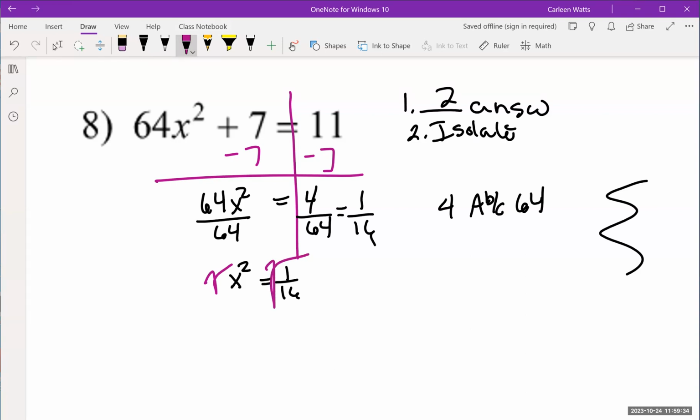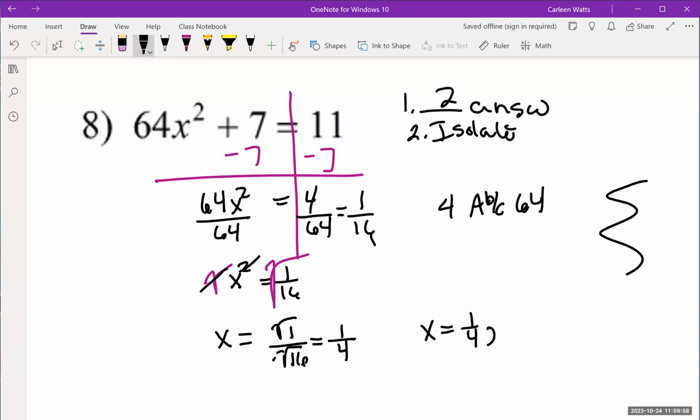Yeah. Okay, so I have x squared. X cancels, right? So I'm going to split it. Square root of 1 over square root of 16. So I'm going to do them separately. Square root of 1 is 1. Square root of 16 is 4.